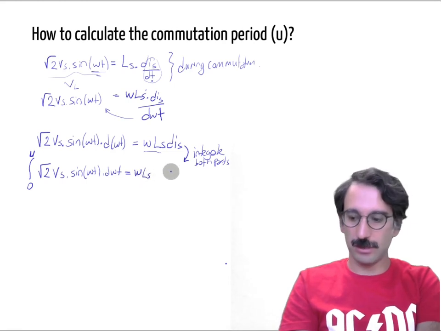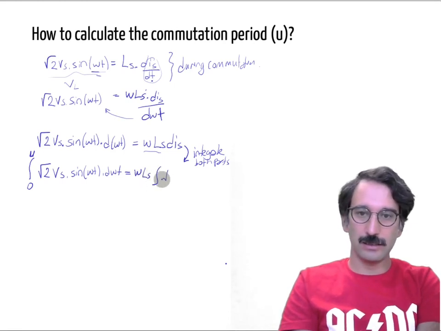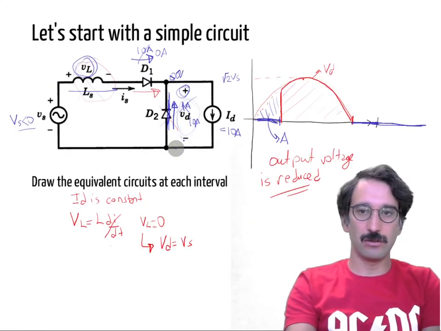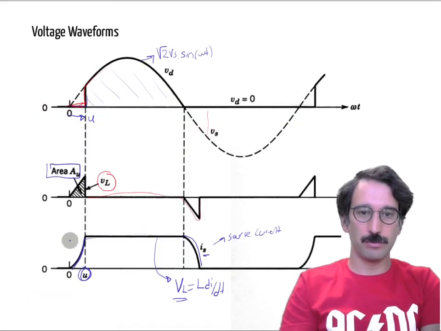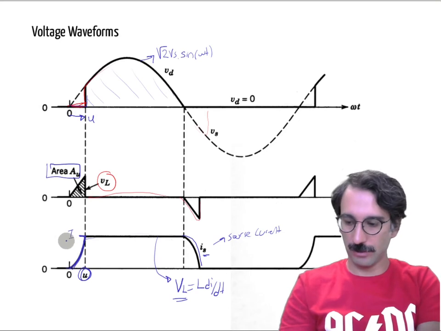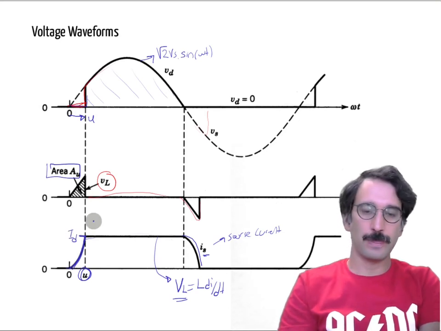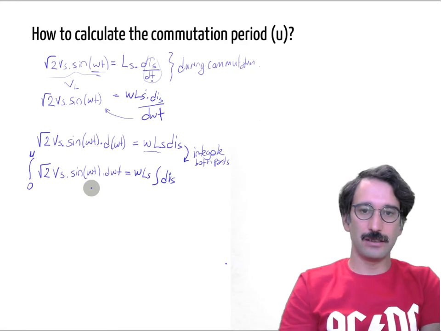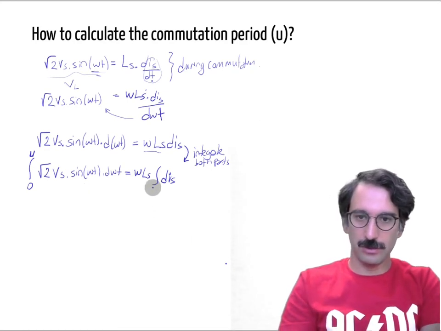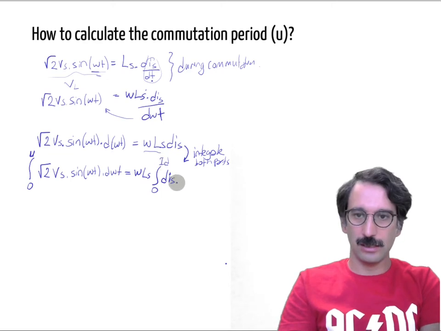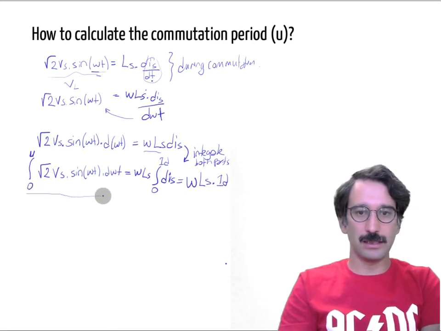I can take them outside, and I will integrate it as a function of the current. And if I just go back, so basically my inductor current is increasing from 0 to, okay, ID, let's say. So that integral is basically from 0 to ID, and that part will be equal to obviously omega Ls times ID.